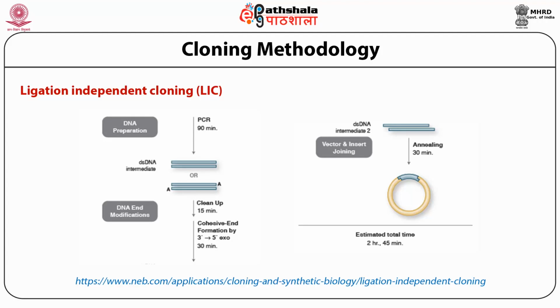As you remember, in the previous two slides we discussed that our gene of interest is ligated with a vector. In this method we exploit the 3' to 5' exonuclease activity of T4 DNA polymerase.